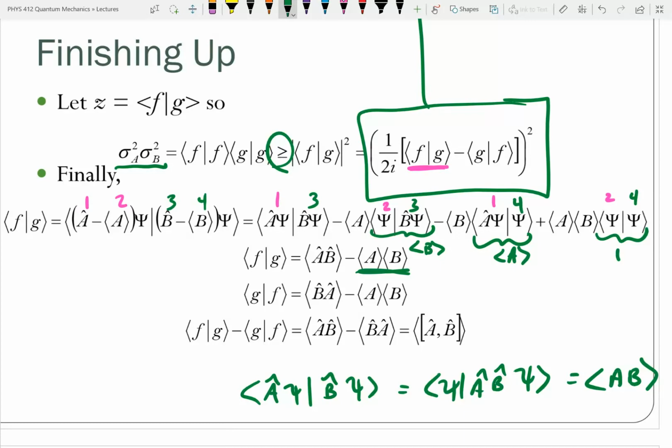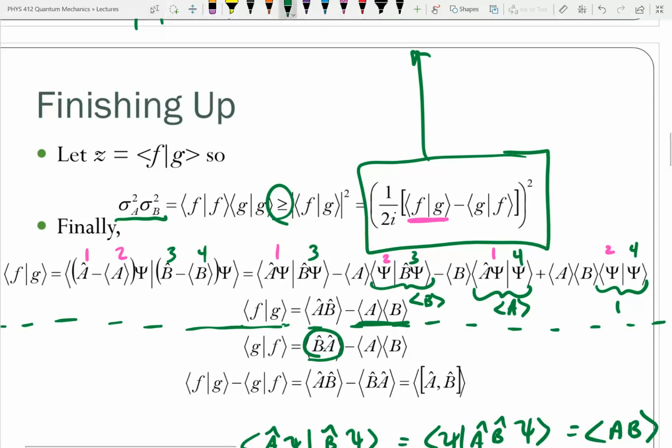So we have FG is equal to expectation value of AB minus expectation value of A, expectation value of B. And then, separate calculation, if we reverse the order, the only difference that's going to make in all of this work is reversing the order of these two.